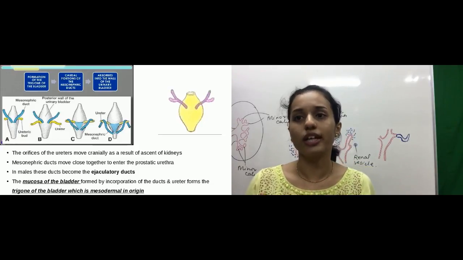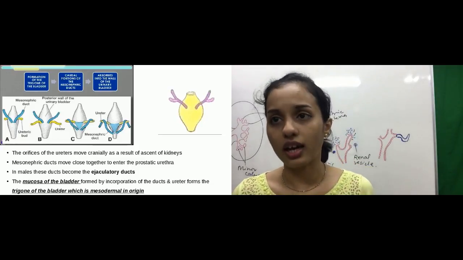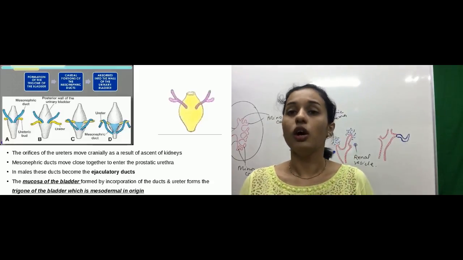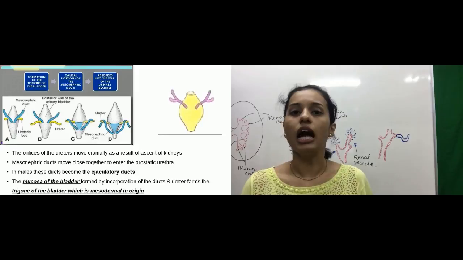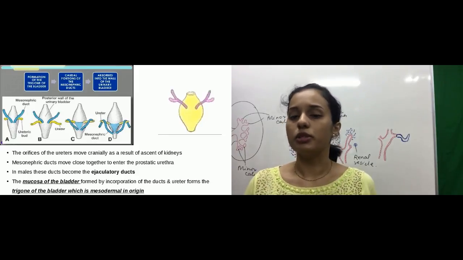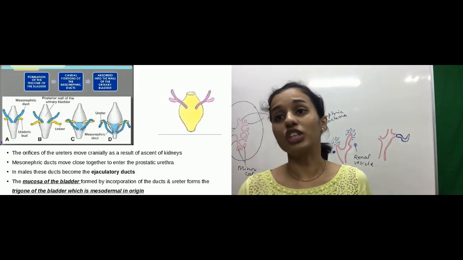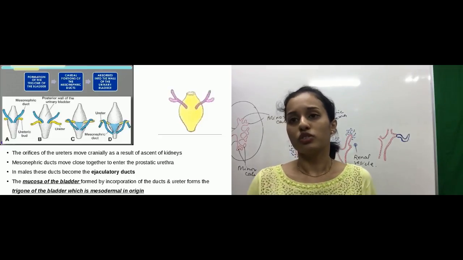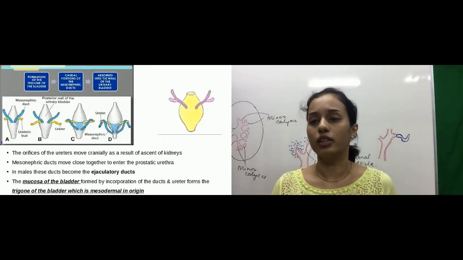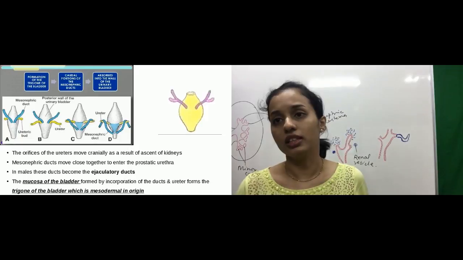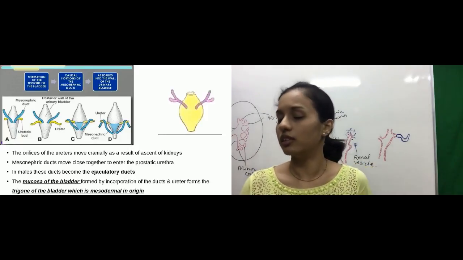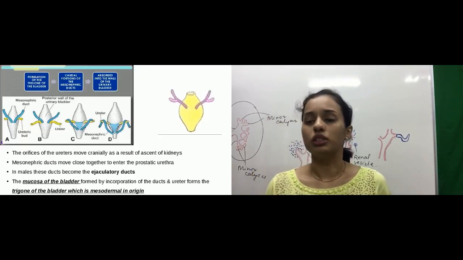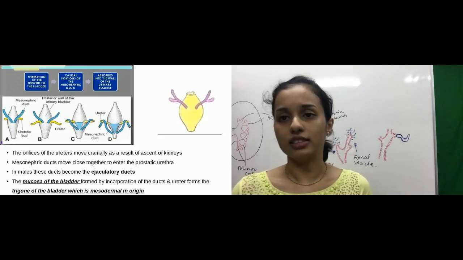You know that the urogenital sinus is from the cloaca, which is endodermal in origin. The rest of the mesonephric duct, most of it gets absorbed, and in males the mesonephric duct will later become the ejaculatory duct. Later it gets connected with the other duct system of the male genital tract, the vas deferens, which I will talk about in detail when I go through the development of the genital system.